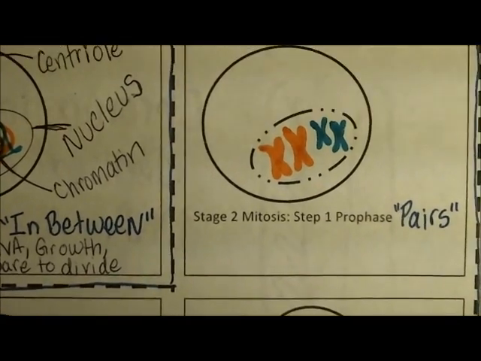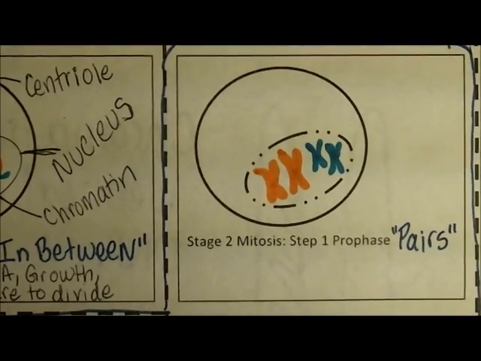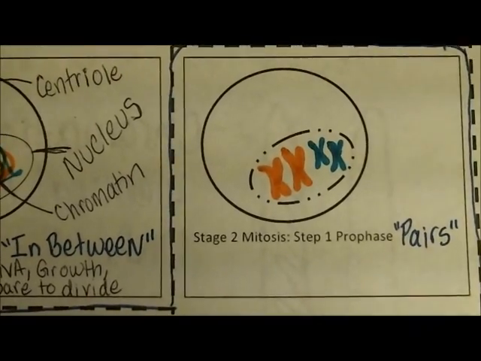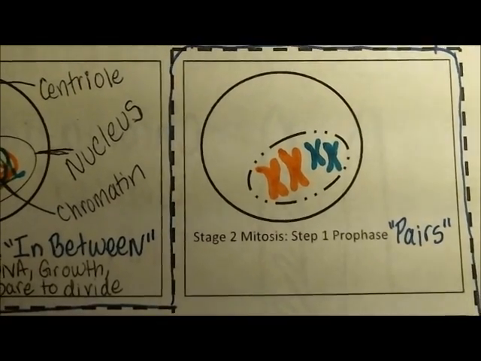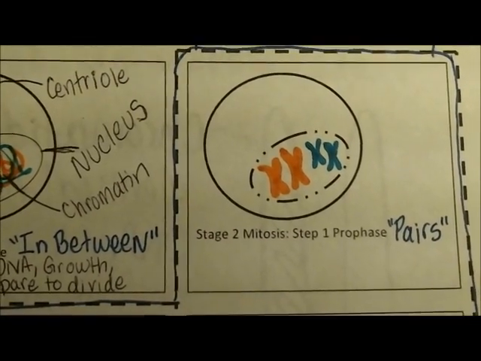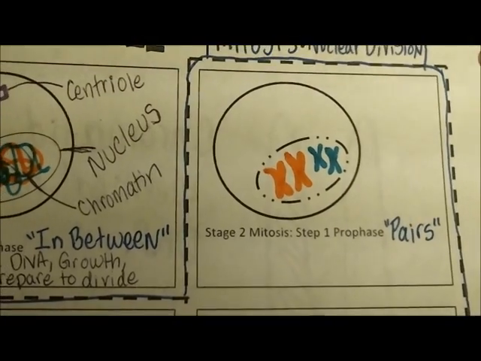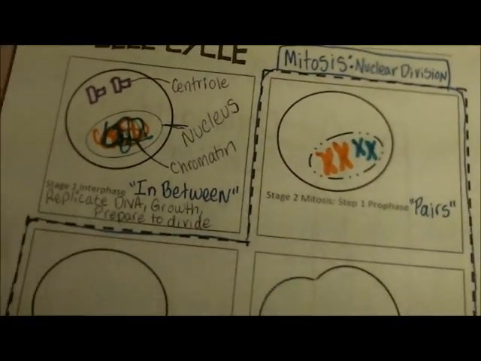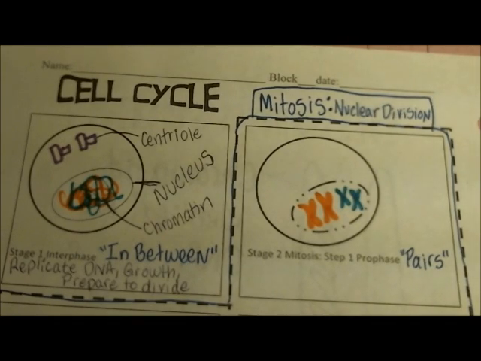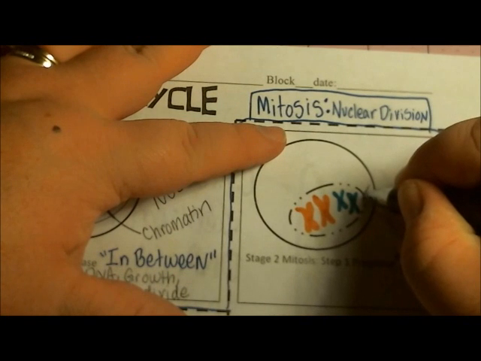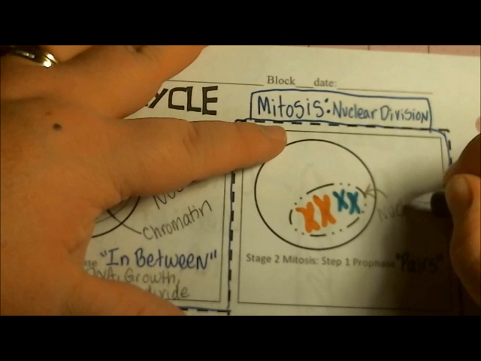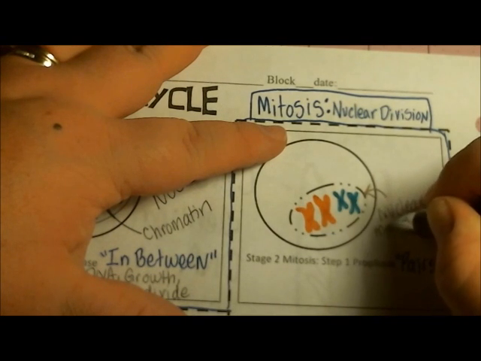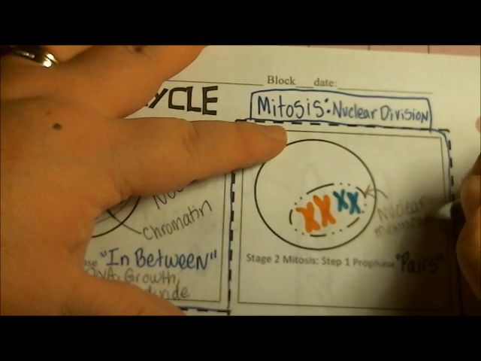We notice something happening to our nucleus around the pairs of the chromosomes. The nucleus is kind of disappearing. So the nuclear membrane is disappearing. So let's label that. And the whole nucleus, I'm just using my regular writing utensil, the whole nucleus is going to basically take over the cell for this short time.